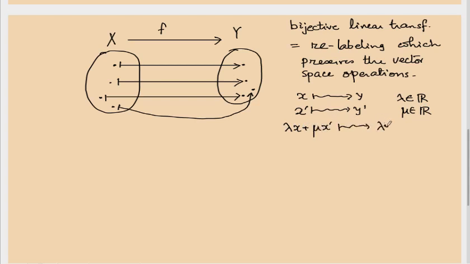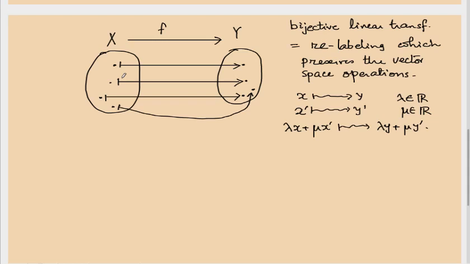It's nothing else but lambda y plus mu y prime. It means that if I have a vector V in X which is a linear combination of some vectors in X, then the image V prime is the linear combination of the image vectors in Y.